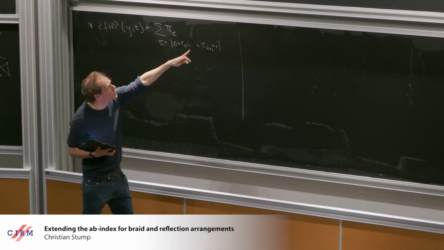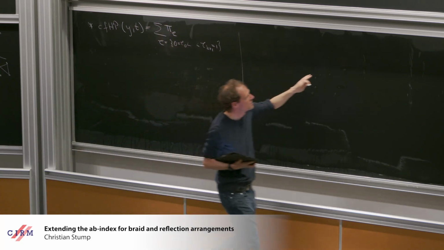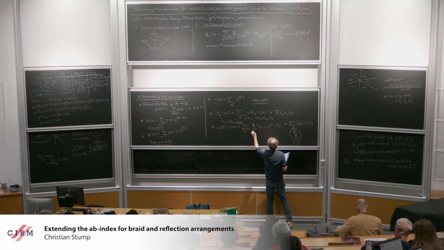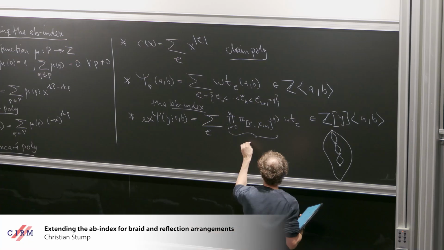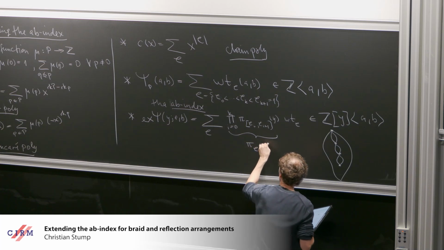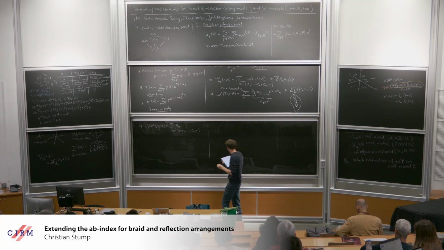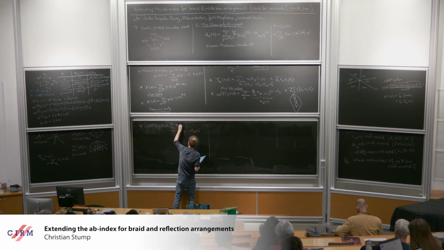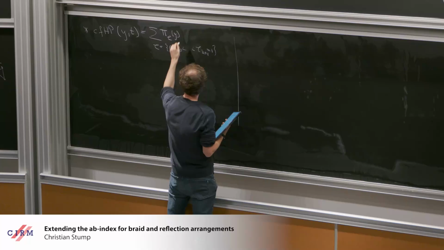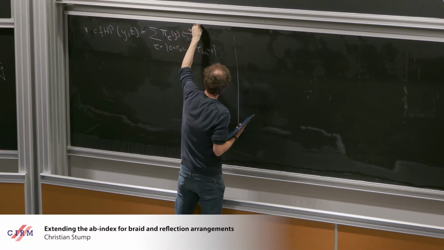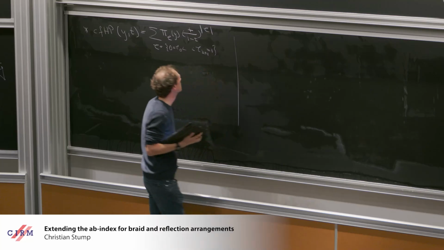I didn't give you the definition, but this is just this product up here. I want to call this whole thing pi of the chain in y, and then t divided by 1 minus t to the size of the chain.